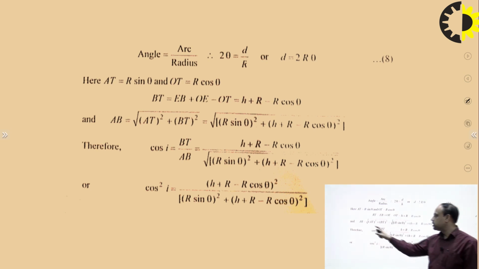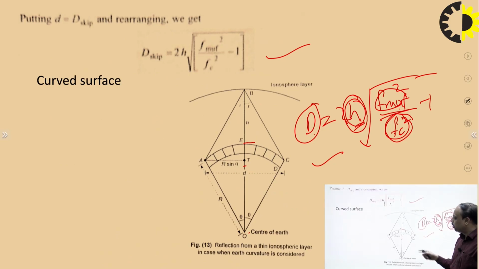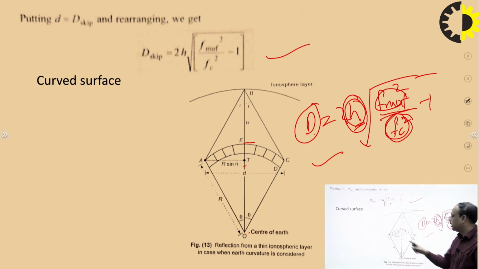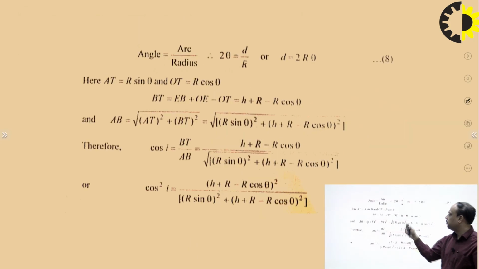Then AB is nothing but under root AT square plus BT square, again a trigonometrical formula. AT is R sin theta, and BT we already calculated: BT is equal to H plus R minus R cos theta. So by putting the values in this equation, we have this AB.